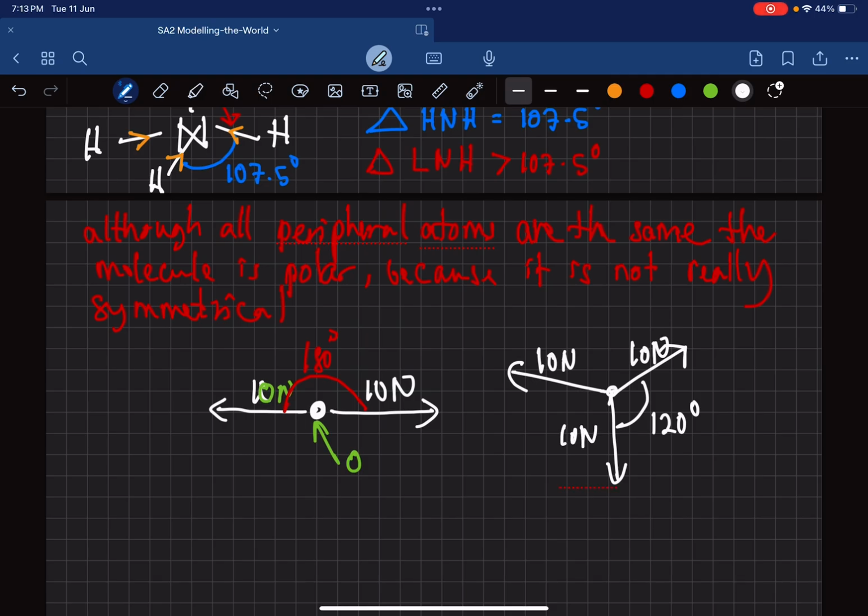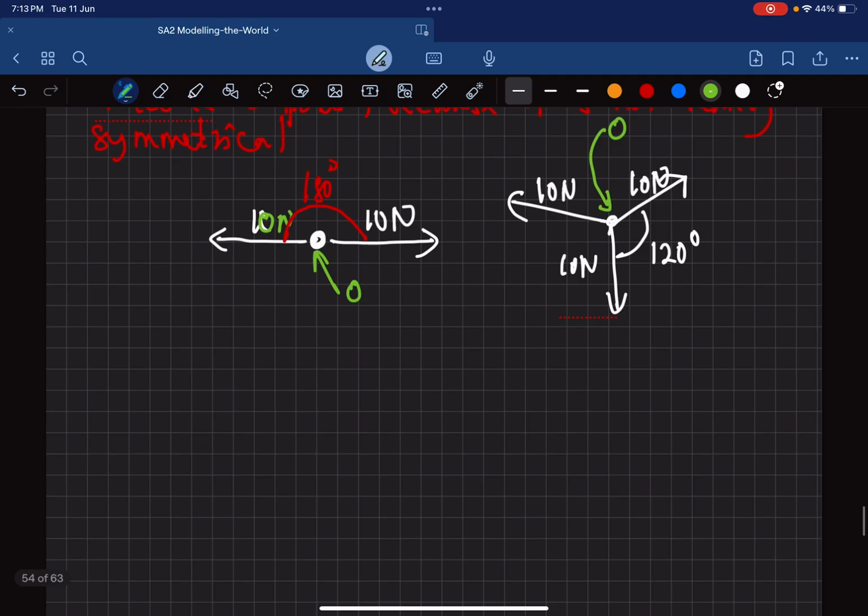So the net force acting at this point is also 0, because all the angles are the same, which means they cancel each other out. Another example: let's say they're all 90 degrees to each other. The net force in the middle will be 0, because every angle you can find is identical.